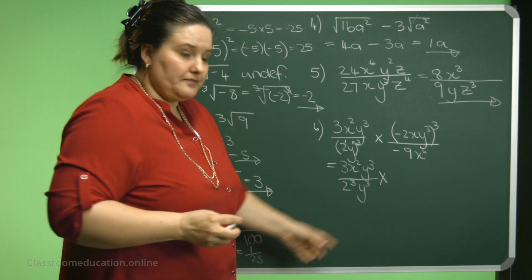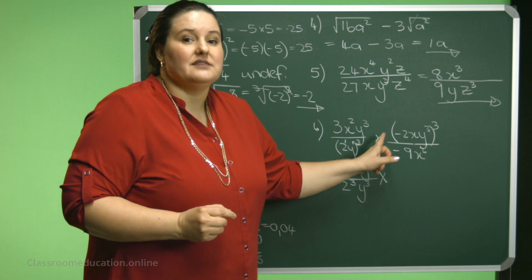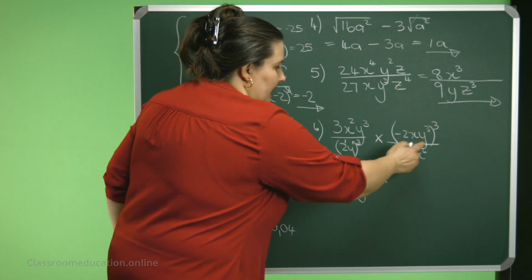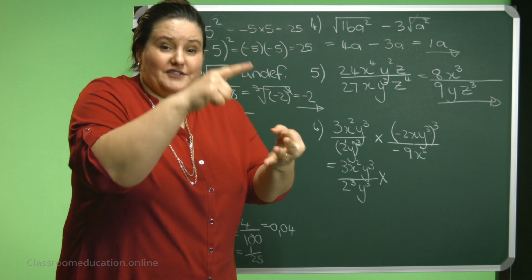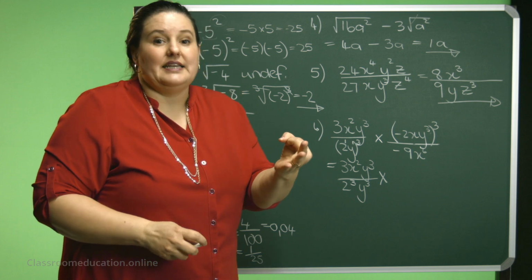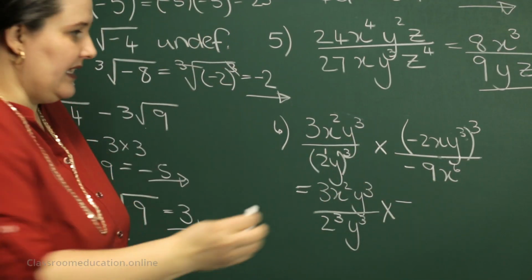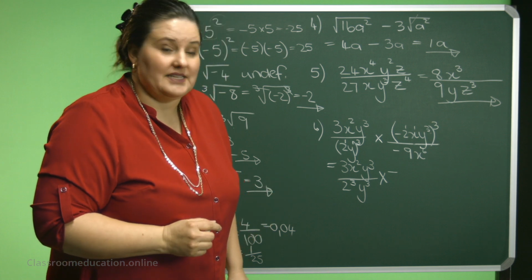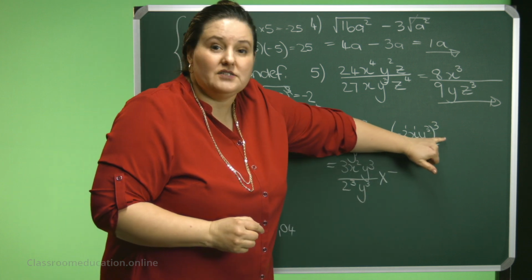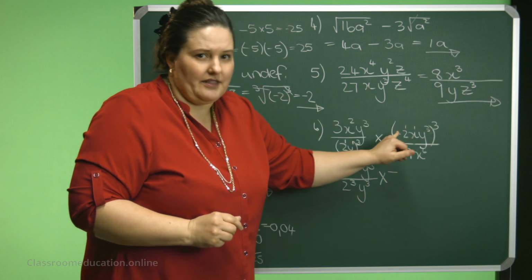Multiplied by negative 2xy cubed, in brackets, cubed. So I can say, right, let's do the sign first. A negative times a negative times a negative. It is a negative. Again, I can apply the third law of exponents, saying that the exponent outside the bracket should be multiplied with all the exponents inside the bracket.